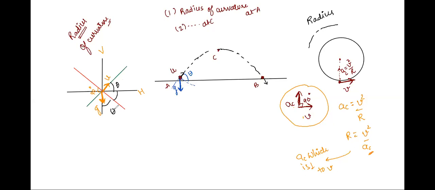So I am splitting it into two components, green and red. One component of g is along the green line this way, and the other is along the red line this way. Both are perpendicular to each other. This one will be g cos theta, whereas this will be g sin theta. We have already read how, right?